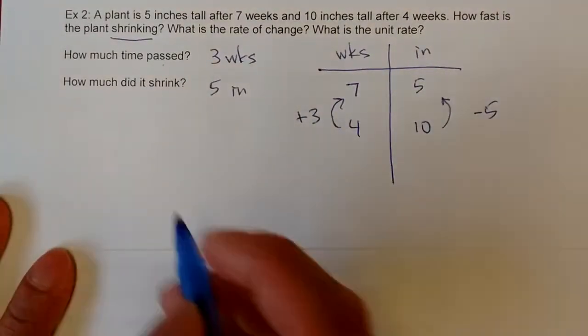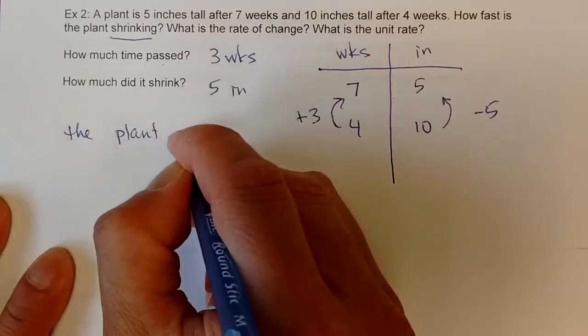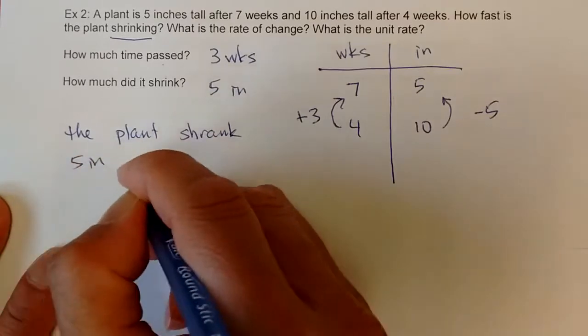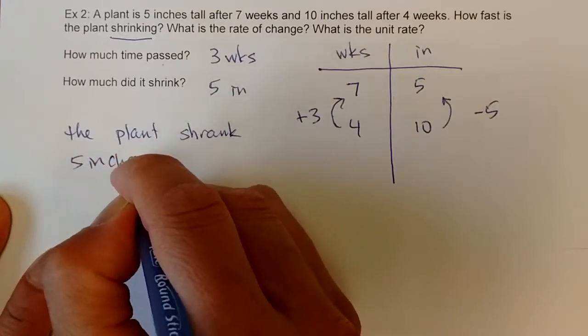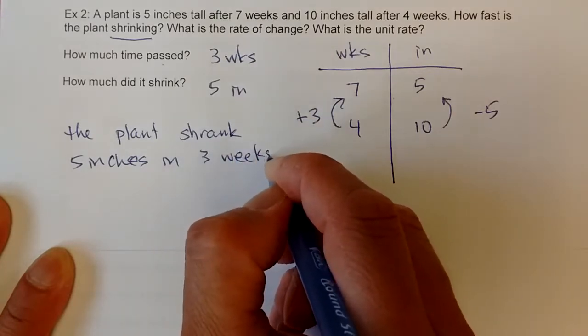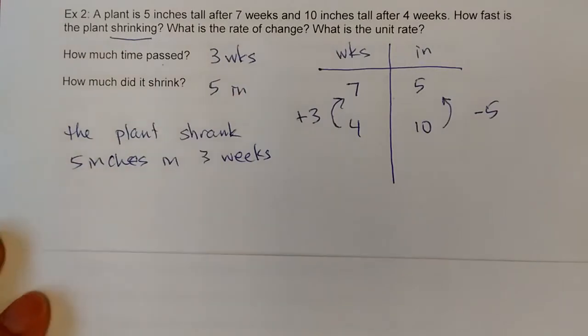Now to answer the question, the plant shrank 5 inches in 3 weeks as a sentence. We'll write it as a rate of change in fraction form.